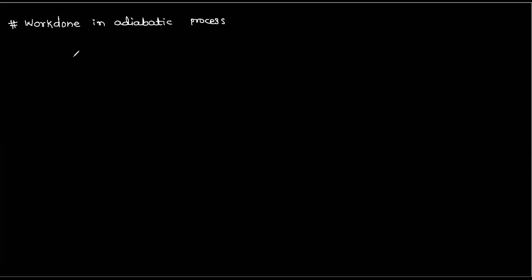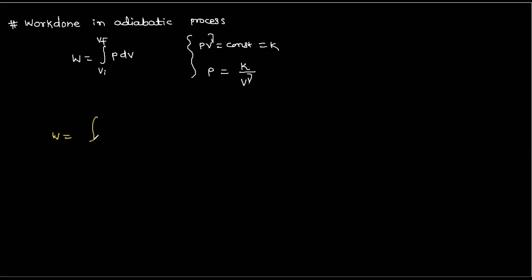Now, see, W is equal to the integration of P dV from Vi to Vf. In this process, PV power gamma is equal to constant. Let us suppose K. Therefore, if I want the P value, it is K by V power gamma. So I'm substituting this in place of P. What I'm getting is W is equal to the integration from Vi to Vf of K by V power gamma into dV, which is equal to K by V power gamma into dV.